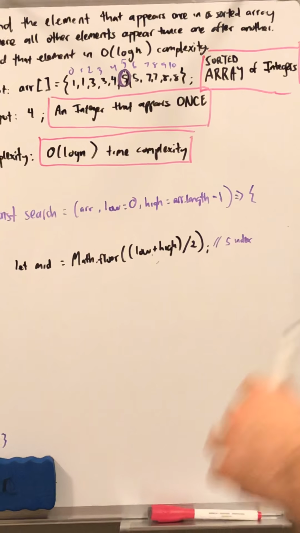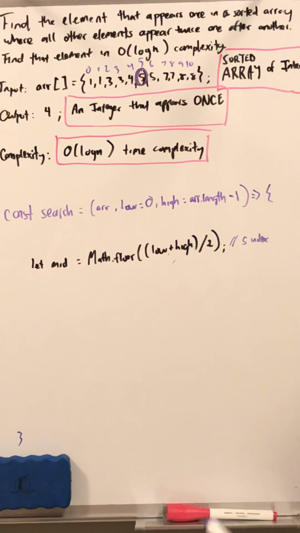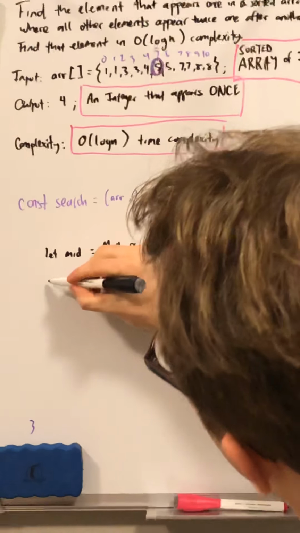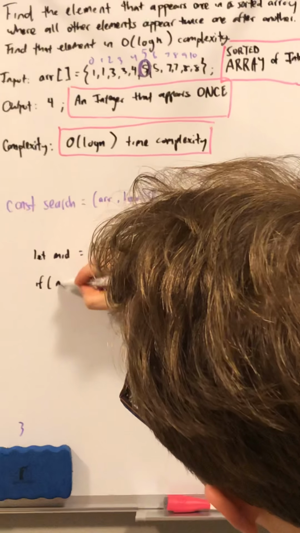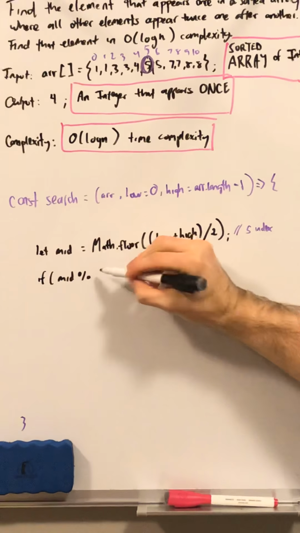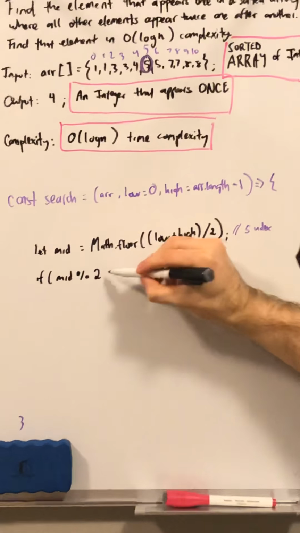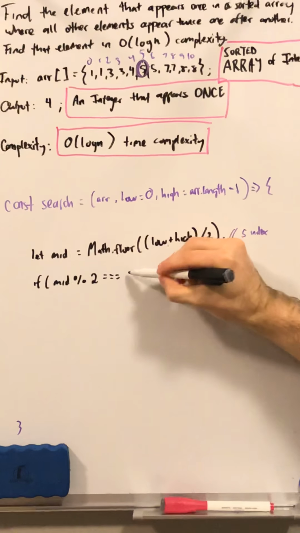And we want to then do some comparisons. We want to say, if the mid index, and we're going to do modulo here, so modulo 2 is truly equal to 0, which basically means is this thing even?